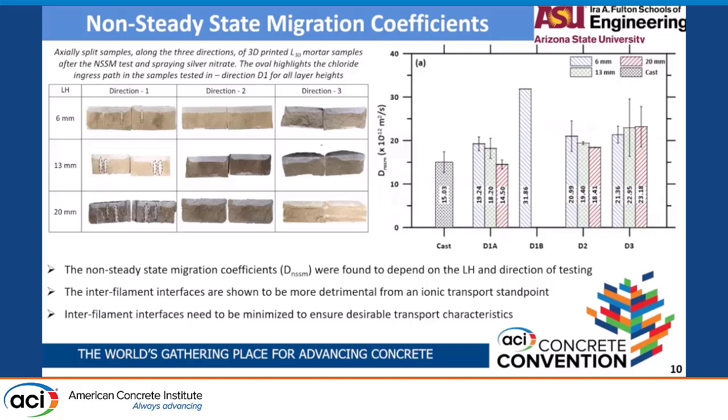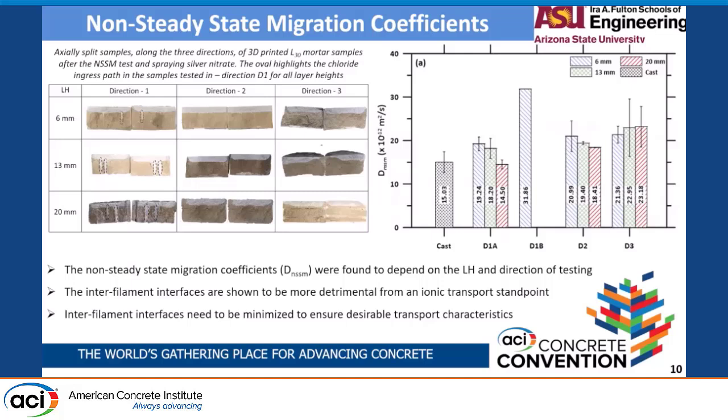When we tested these samples with the NSSM test and characterized the durability based on the diffusion coefficient, we had an interesting observation in the D1 direction. If you see all the samples in the D1 direction with different layer heights, the chloride transport on the bulk surface is used to calculate the diffusion coefficient D1A, but if you see the ovals, which also show chloride transport, that is used to define the diffusion coefficient D1B.